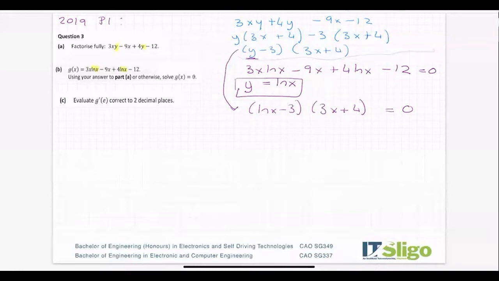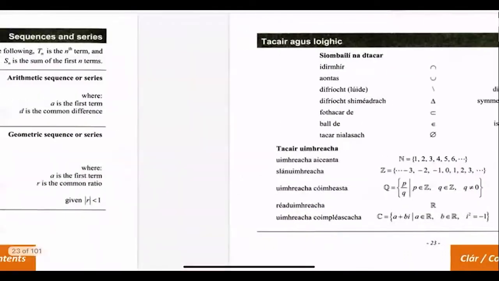Okay, and then we solve, just like we would any other pair of brackets like this. So ln of x minus 3 equals 0, and 3x plus 4 equals 0. 3x is equal to minus 4, x is equal to minus 4/3. Ln of x is equal to 3. Okay, to solve this, let me go to the log tables.